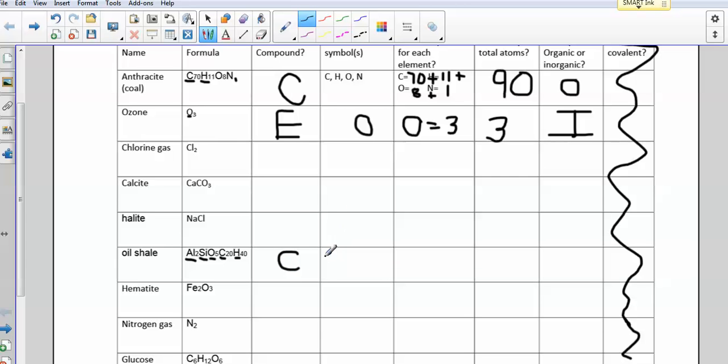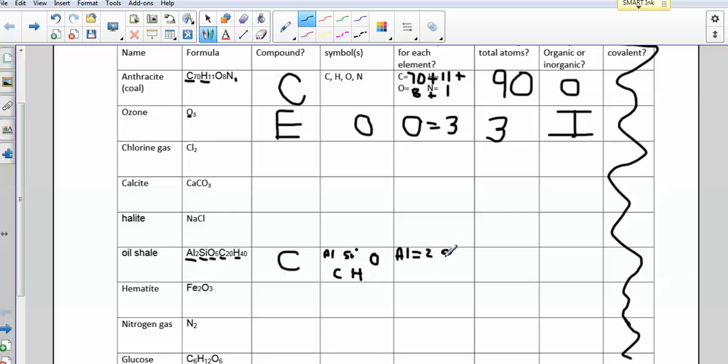Let's list out the symbols. This ought to be fun with my little computer mouse here. We've got Al. We've got Si. We've got O. We've got C for carbon, and H for hydrogen. Not too bad. Now we've got to add in the numbers. You would write Al equals, and then we would look here. There's 2 Als.